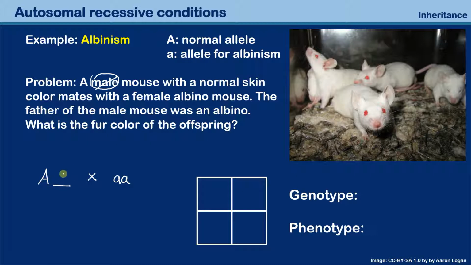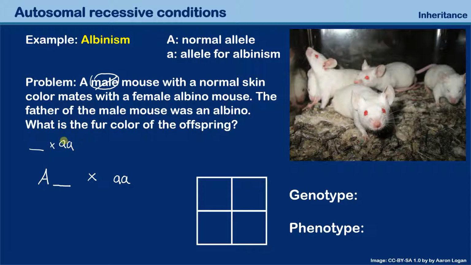So we do not know this here, but there is some extra information. The father of the male mouse, so this is the father of this mouse over here, was also an albino. So let's write this up here. So the father must also have been lowercase a, and of course there must have been a mother somewhere, which we're not worried about right now.